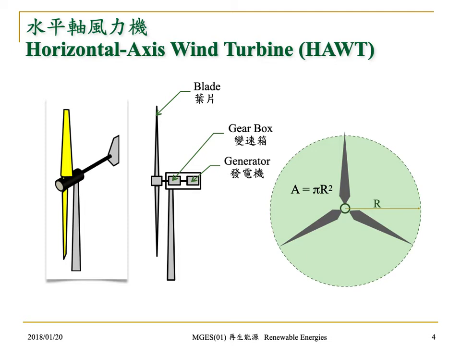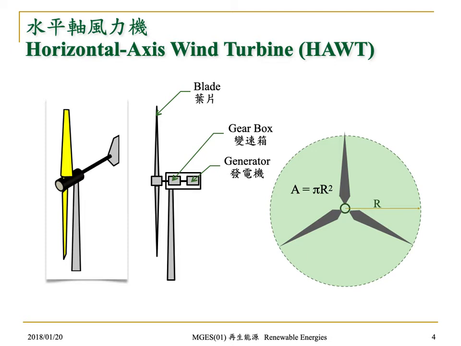But with this type of horizontal axis wind turbine, the blade has to face the wind in order to get maximum power generation. So you need some kind of measurement for the direction of the wind. Like on the left-hand side, they need a tail fin to direct the wind turbine so the blade can face the wind directly.